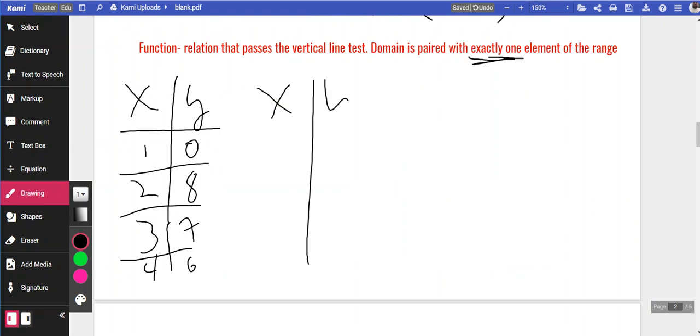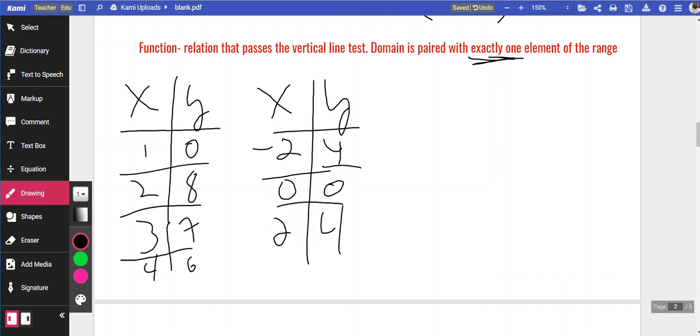Here's another one. If I did something like -2, 0, 2, and then I get 4, 0, 4. This is also a function. It's okay that my y's repeat. It's totally fine.